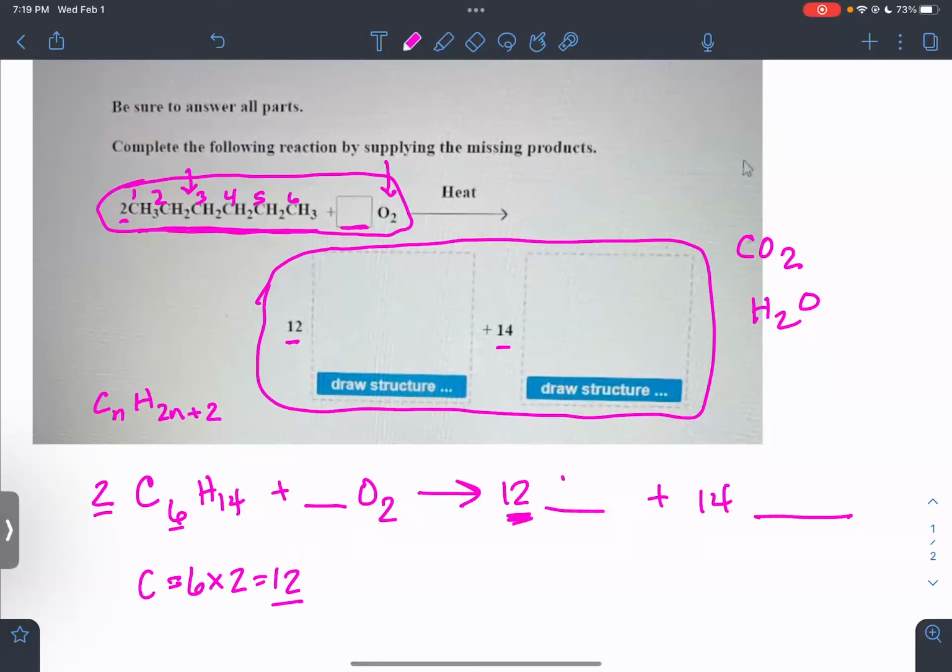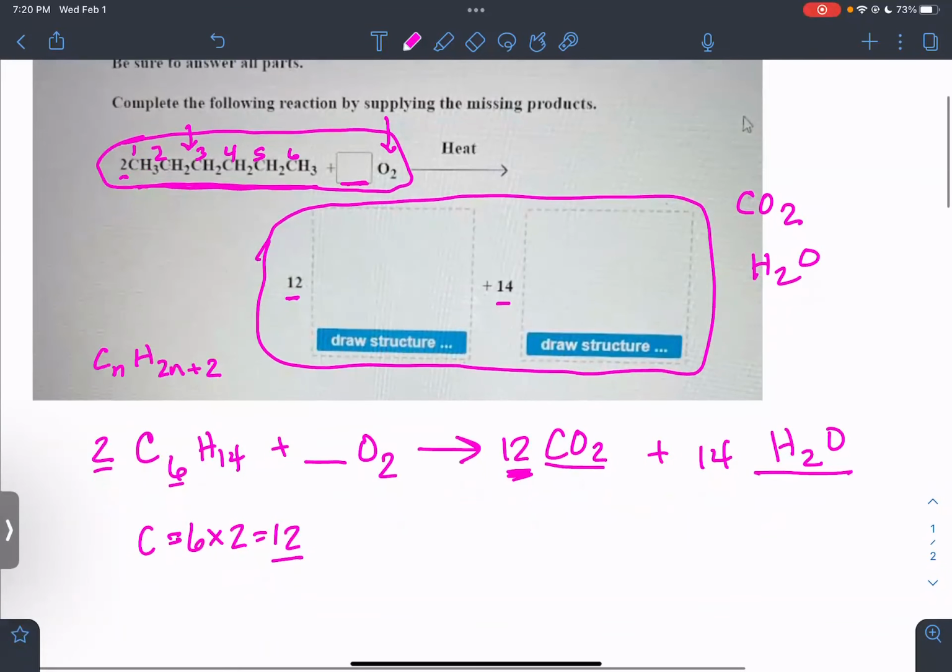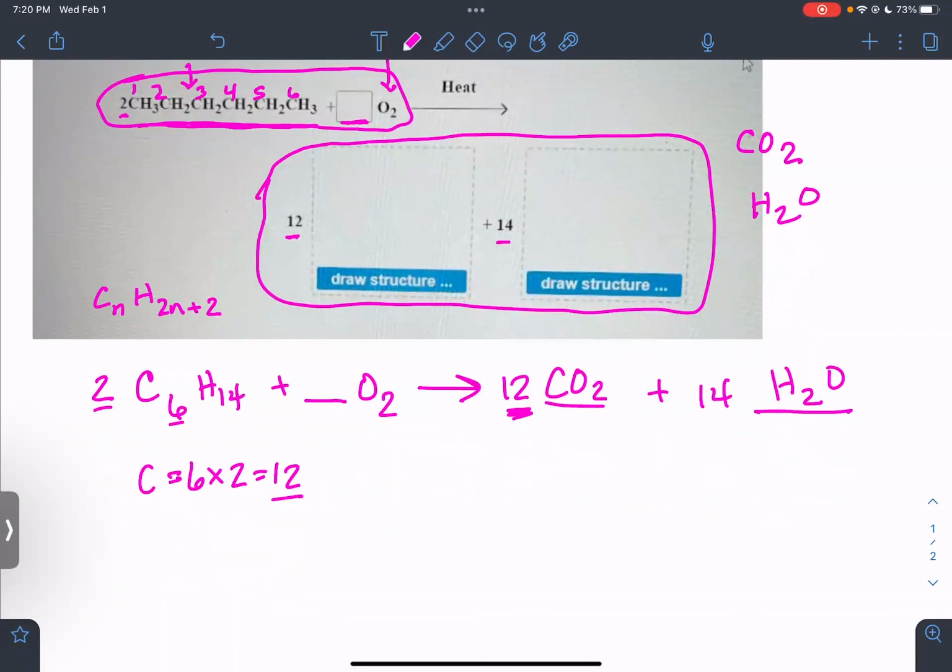So I know I'm going to have 12 CO2. And then this has to be water. It just has to be because there's no other place for it. But let's go ahead and try and balance this equation just so that we can get our coefficient right here for the O2.